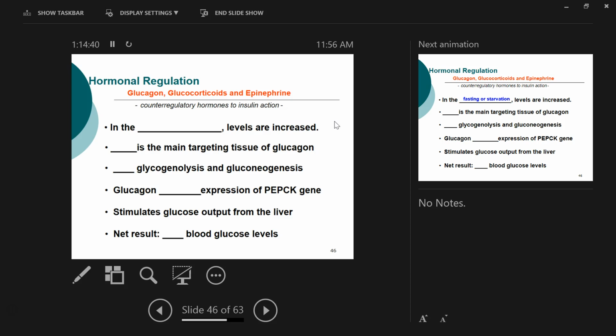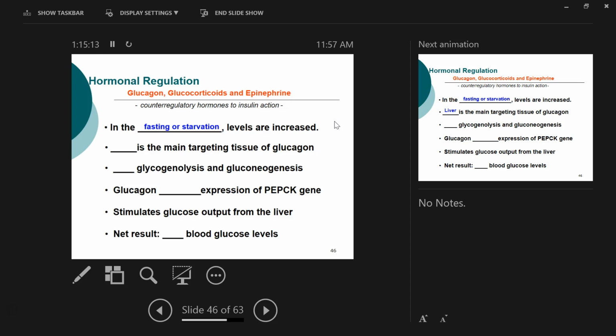In which physiological condition are glucagon levels increased? Fasting, right? So fasting or starvation, and the glucagon levels will be increased, and also epinephrine and glucocorticoid. But again, in fasting, I think glucagon plays a more important role than epinephrine.